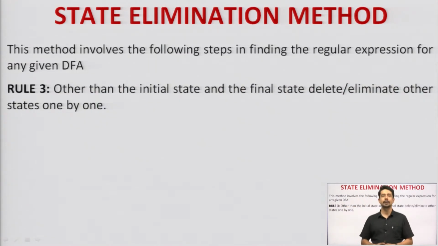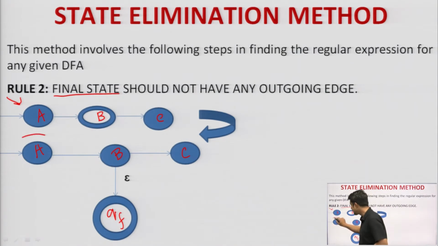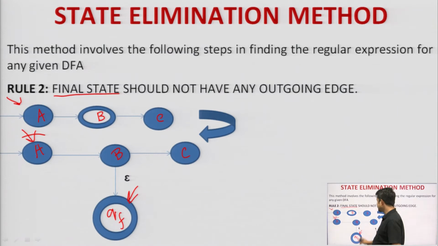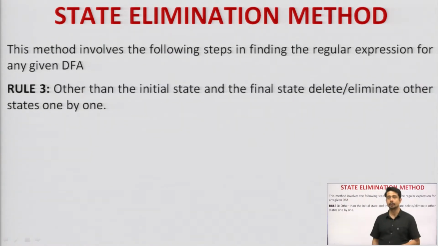In rule number 3, other than the initial and final states, delete or eliminate the other states one by one. That deletion will be done once we work through some examples.